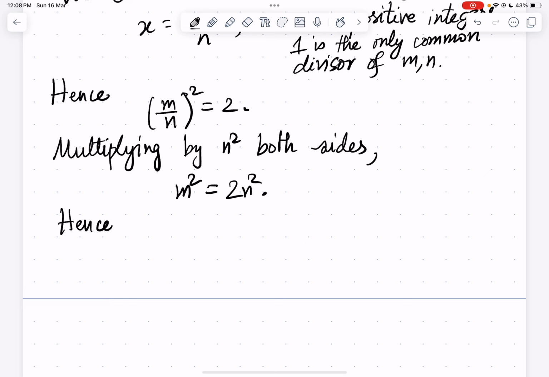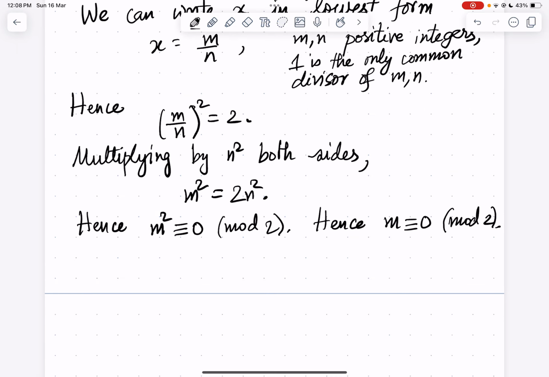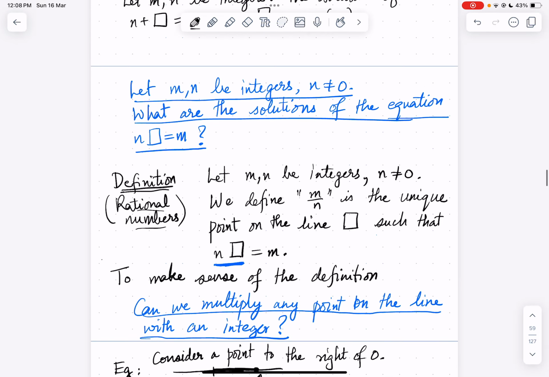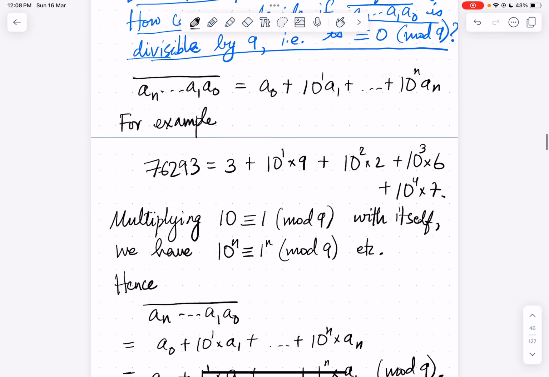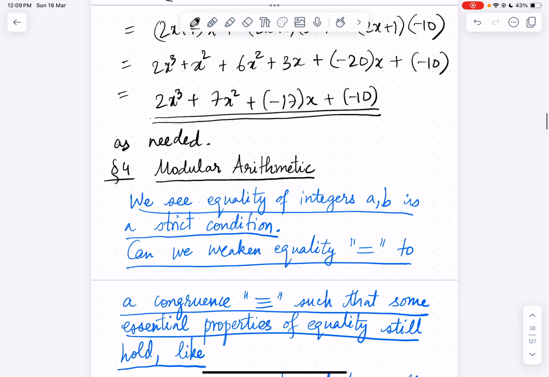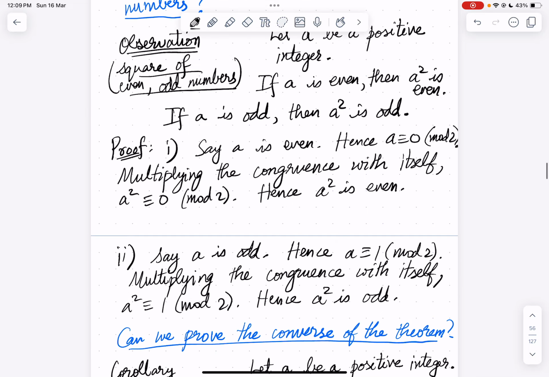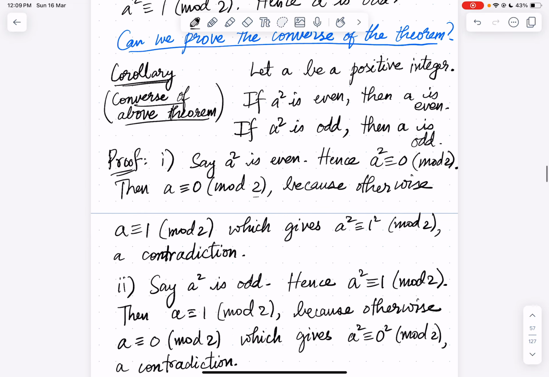Hence m square is congruent to 0 mod 2. Hence m is congruent to 0 mod 2. We already saw while discussing congruences that if a square is even, then a is even.